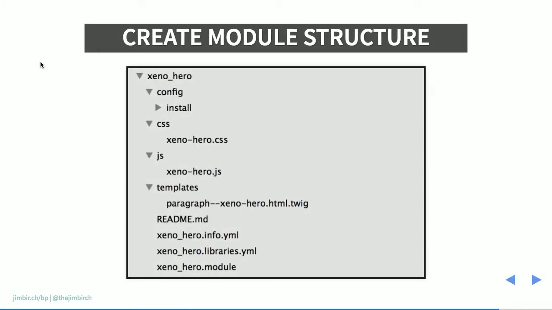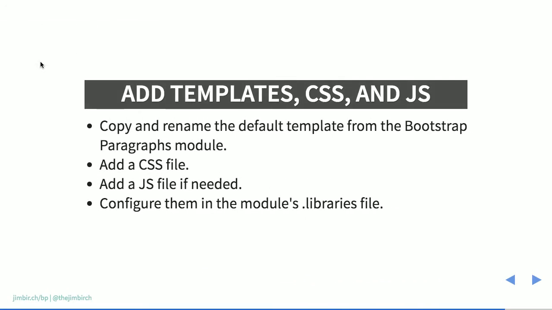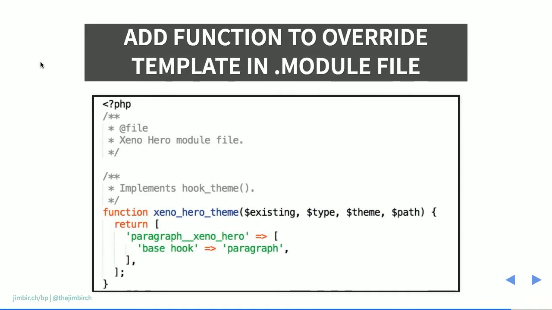So here's the sandbox. There's the module structure. Just copy any other module structure, or use Drupal console with one command. You can get this set up. We copy the templates from Bootstrap Paragraphs and rename. Add your CSS if you need, add JavaScript if you need, and then configure a library in the modules.library file.